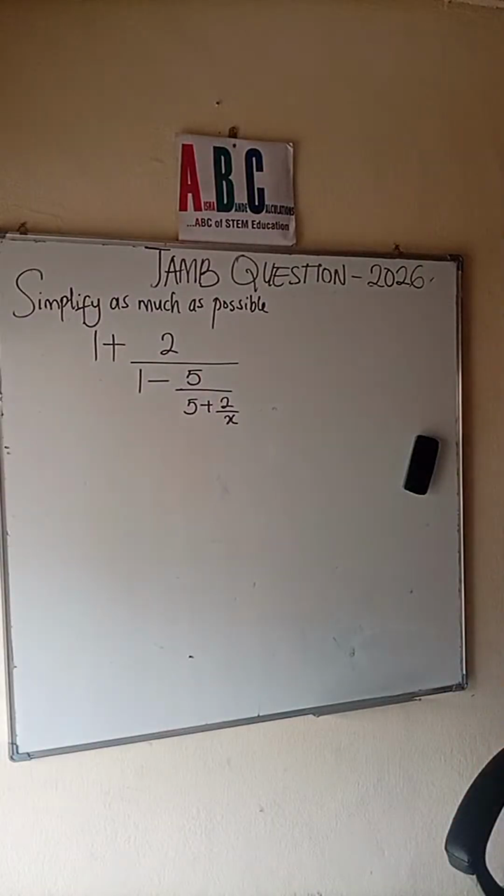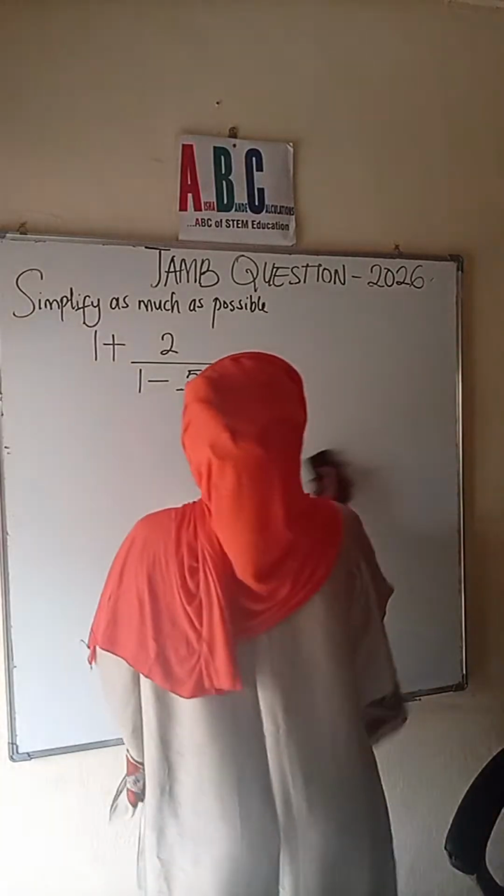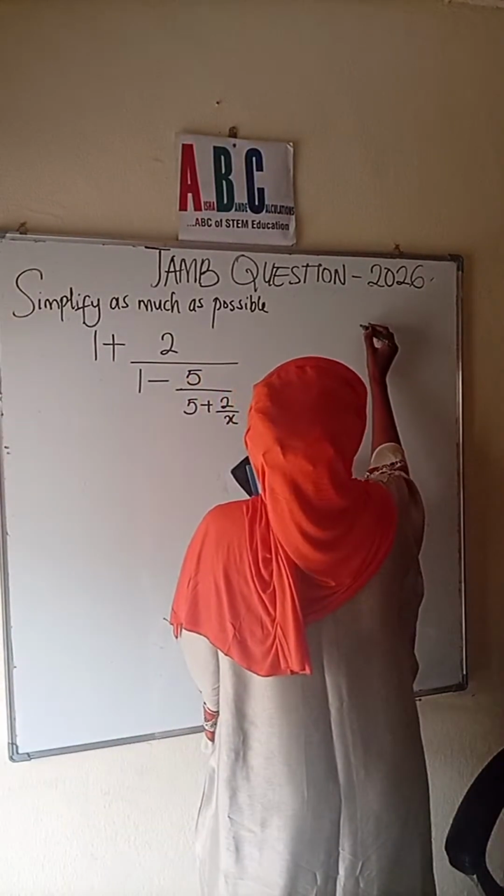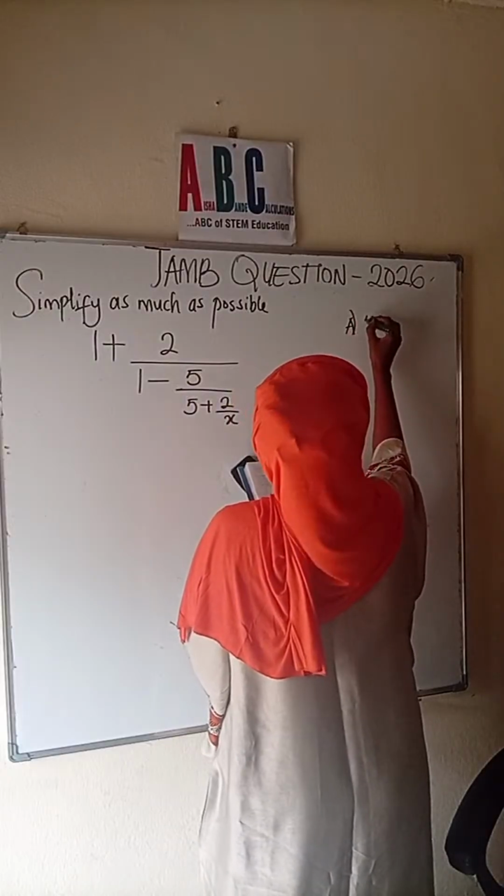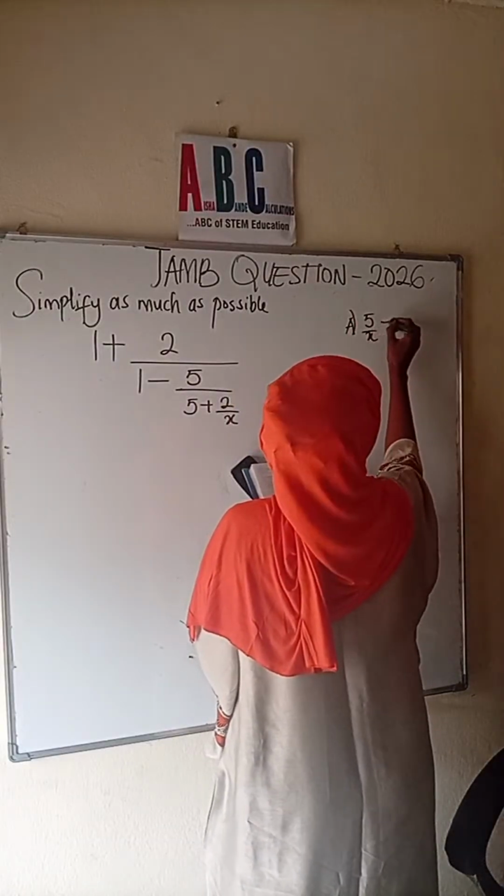Should I give the options, yes or no? Let me know in the comment section. Should I give the options for this, or we just solve? Okay, everybody wants options. All right, so let me give you 5 options. Option A is 5 over x plus 2.